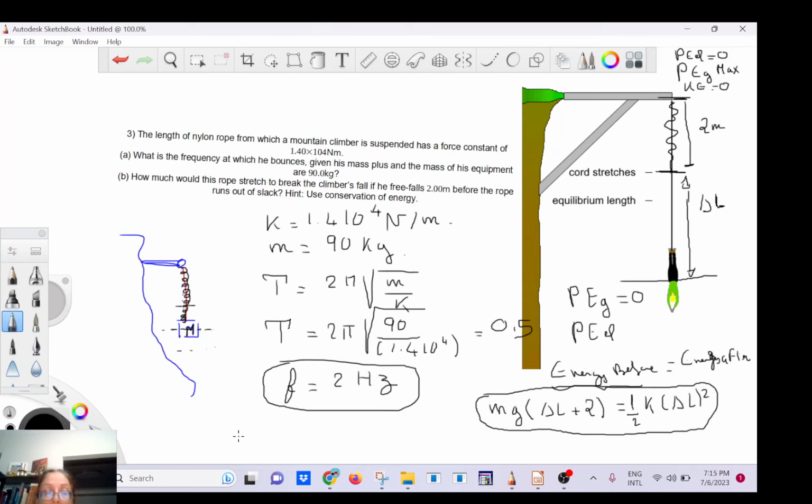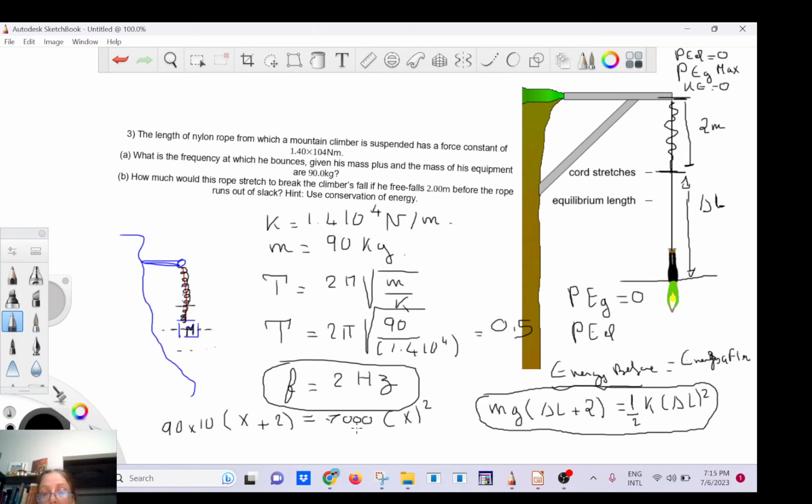The mass here was 90, so 90 times 10 times delta L, which I'm going to call x, plus 2, equals 1/2 K. K is, I think, 7,000. So that's 7,000, half of K, times x squared.